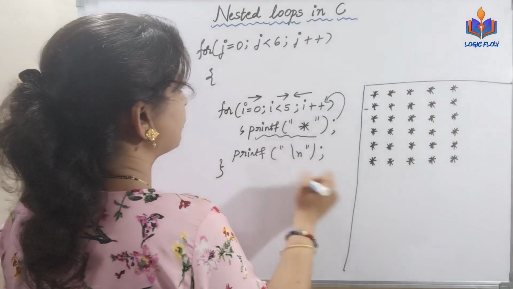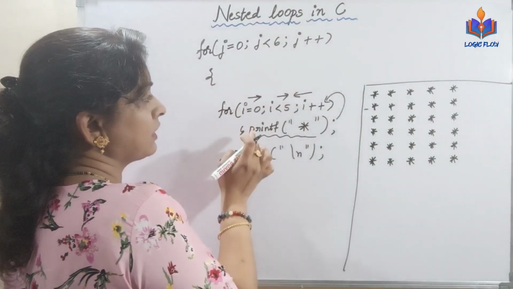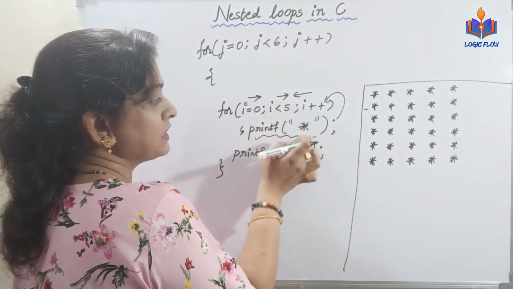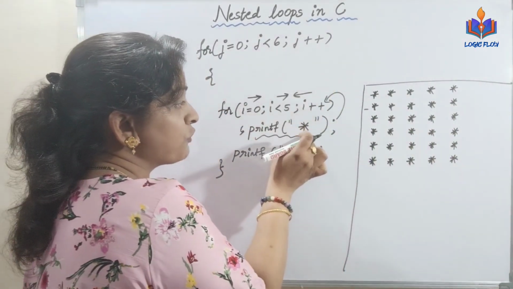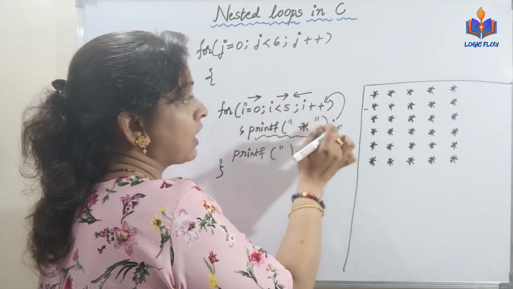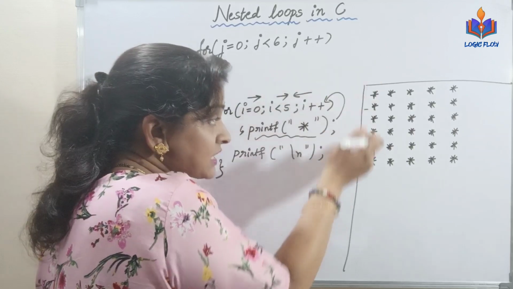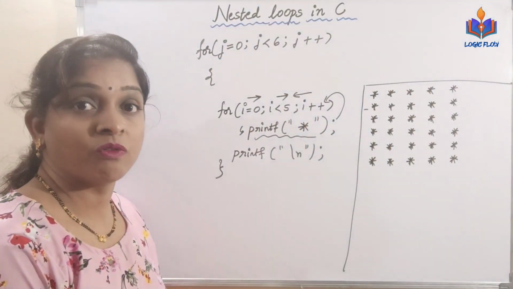Then it goes to the outer loop, j gets incremented, and again we get inside and print the star 5 times. It goes on like this. So the printing of the star is done 5 times, and that is repeated 6 times, which is taken care of by one more loop.